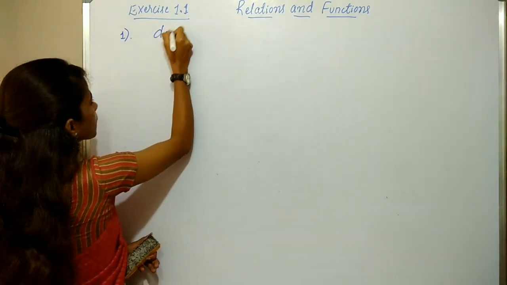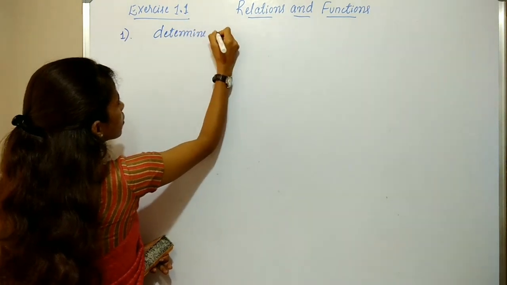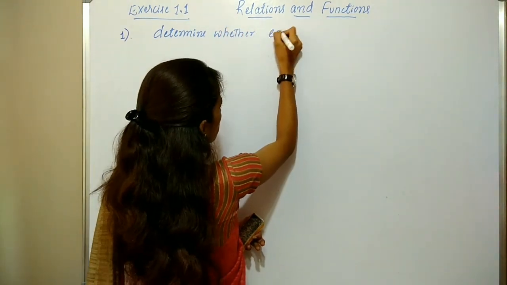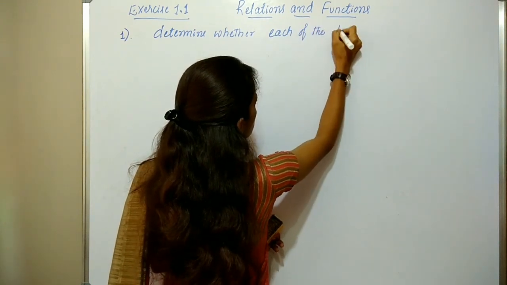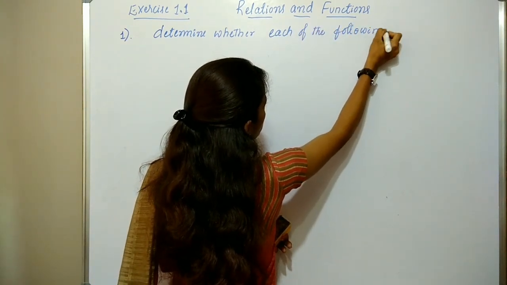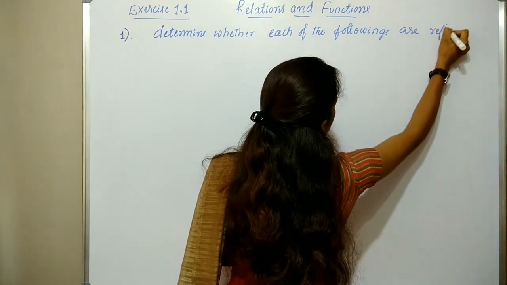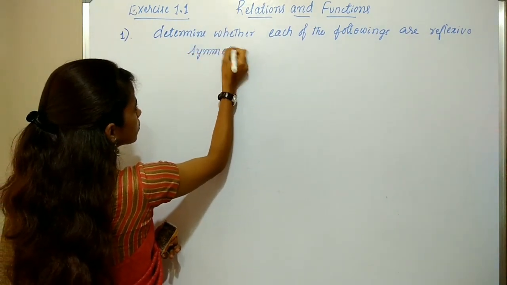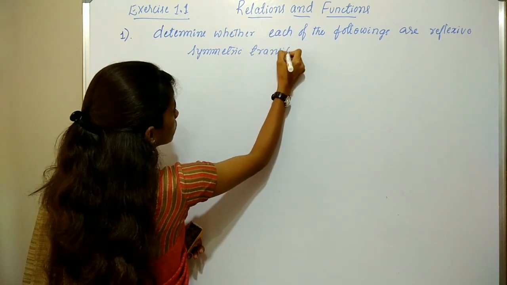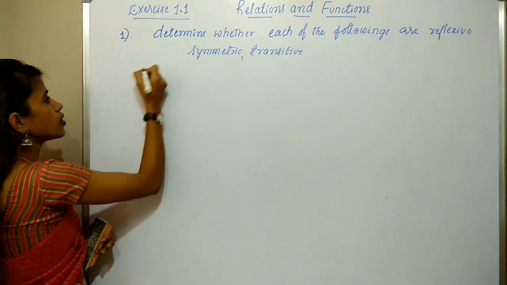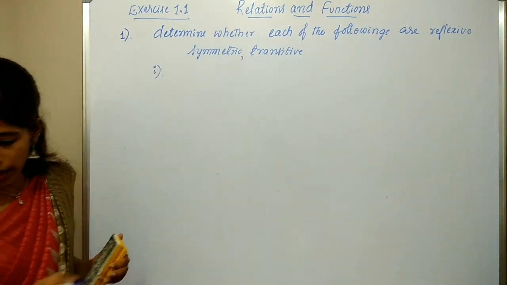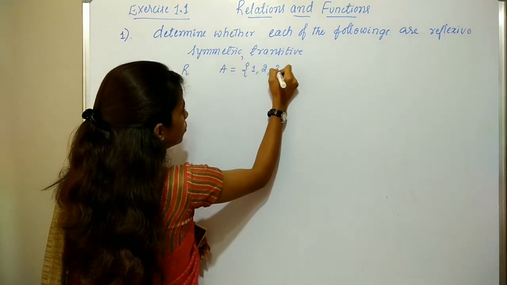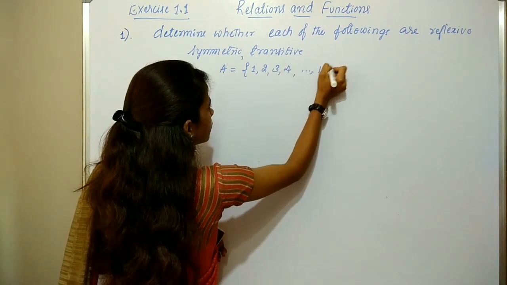Okay, so the first problem is the relation R in the set A = {1, 2, 3, 4, ..., 14}.